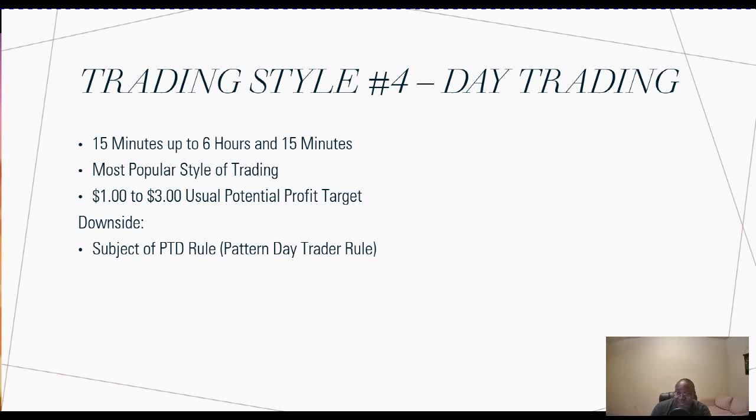Now, depending on your brokerage, if you fall into this one time, they might let you slide and remove the lock from your account. They might not. Also, depending on your brokerage, if you fall subject to the PDT rule like 3 times, it's like a 3-strike you're out deal. But once again, that all depends on your brokerage.